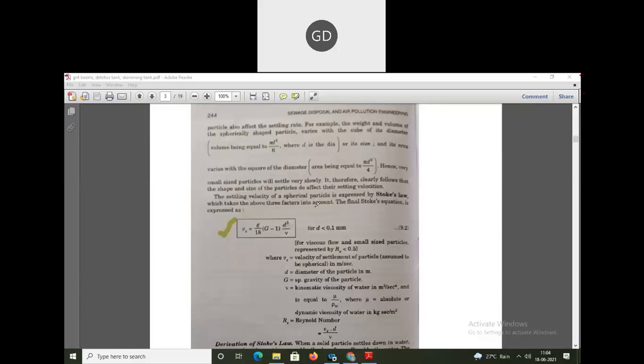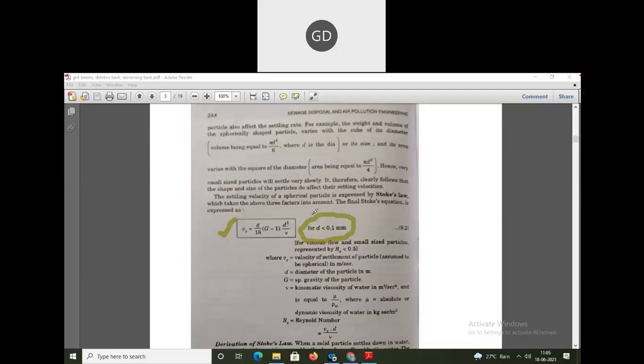This equation, Vs equals g by 18, G minus 1, d square by nu, is only for particles whose diameter is less than 0.1 mm. In this equation, the Reynolds number is less than 0.5. That means it is for very small size particles.